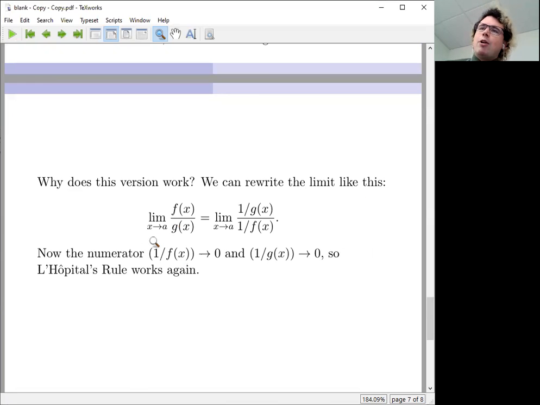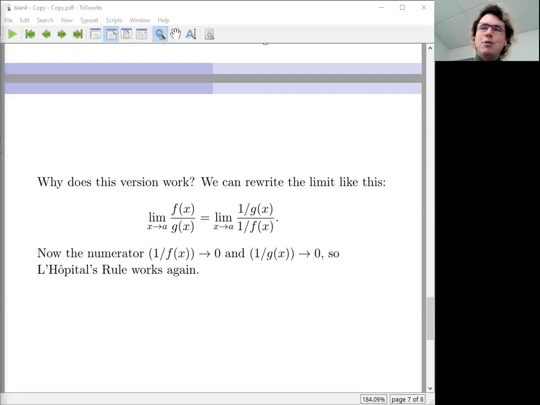Well, that means that 1 on f of x is my new denominator, and it's going to 0. My new numerator, 1 on g of x, is also going to 0.